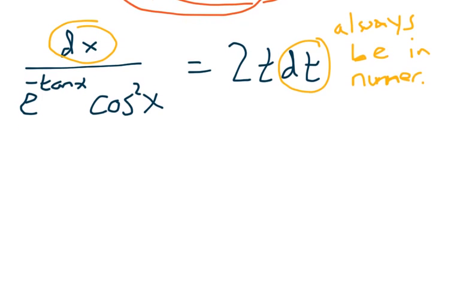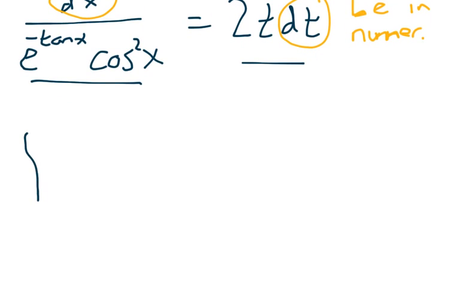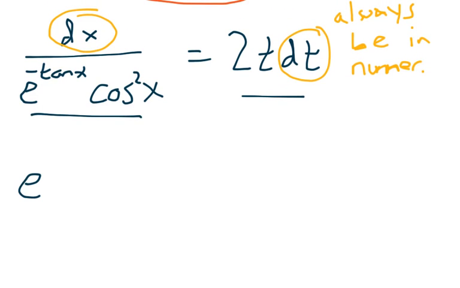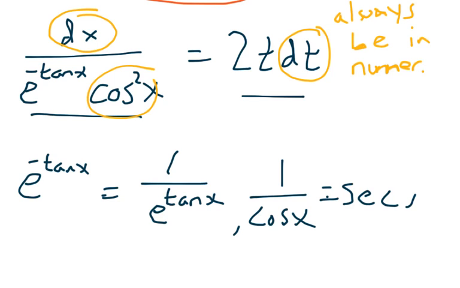Now once we have something like this, we can go ahead and integrate it. So this one we're going to integrate with respect to x, and this one we're going to integrate with respect to t. Before we do that, actually, let's note something. E to the minus tangent x is equal to 1 over e to the tangent x. Also, 1 over cosine x is equal to secant x.